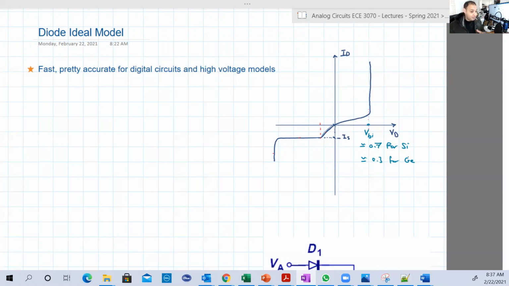Or if you remember in digital circuits, 0.7 was considered low because it's closer to 0 than 5. In digital circuits we usually have 5 volt and 0 volt. Around 5 volt is high, and voltages closer to 0 volt are considered low. So it doesn't matter if the voltage is 1 volt, half a volt, 0.7, 0, maybe minus 1.